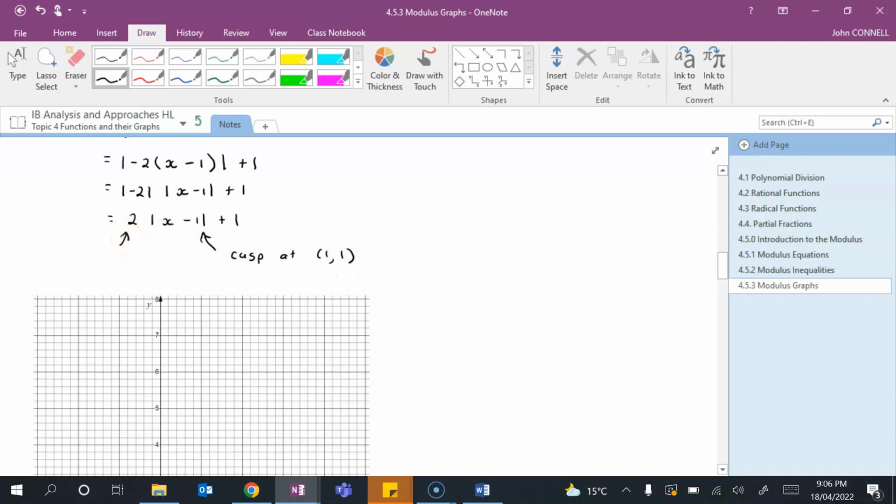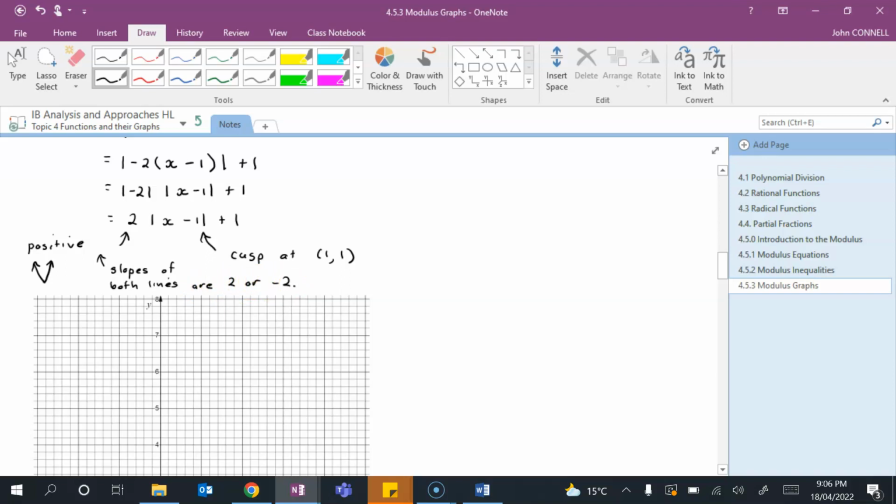Now, we saw that it was narrower or wider, but this 2 tells me a lot more. Firstly, because it's positive, it tells me that it's upward facing. The second thing it tells me is that the slopes of both lines are 2 or minus 2. It's that specific.